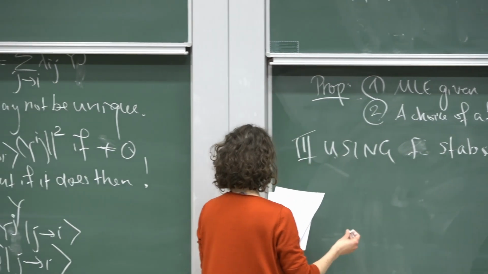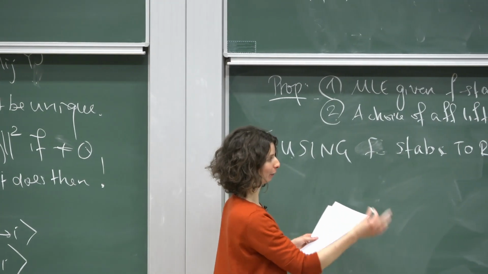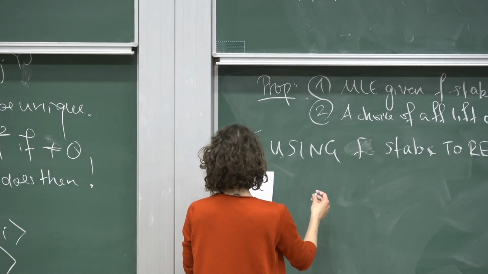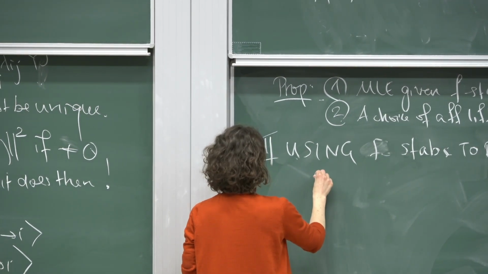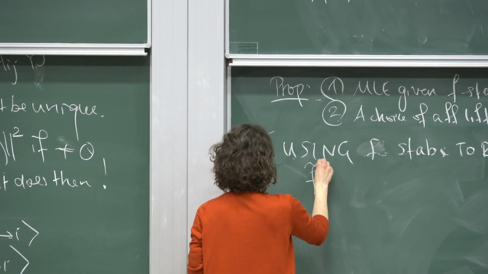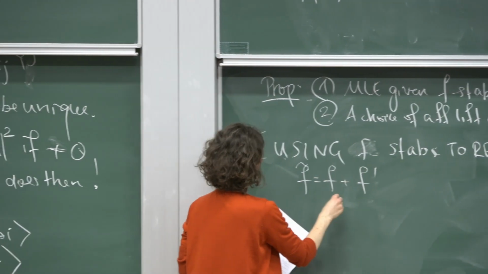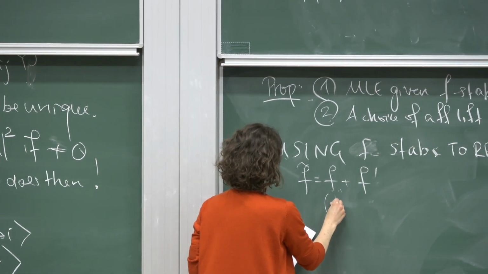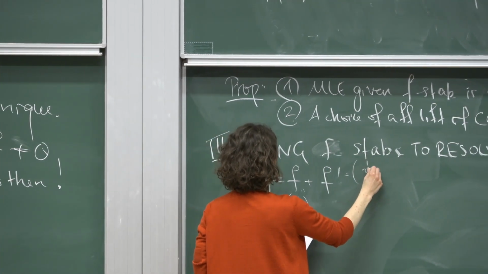So our first result is a characterization, an if and only if, for when the MLE given F tilde is an MLE given F. For notation's sake, F tilde is an F perturbation. F has columns Fi, and F prime has columns Vi.